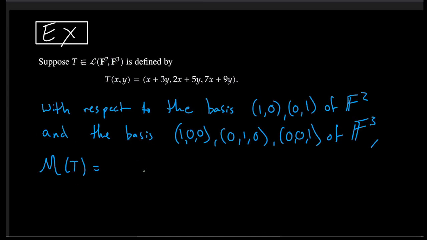But now that we've chosen them, we can do this. So the matrix of T is just going to be, so all we have to do is think about it. I'll write this out really quick. It's going to be 1, 3, 2, 5, 7, 9.